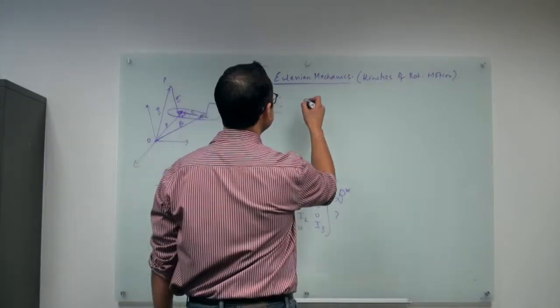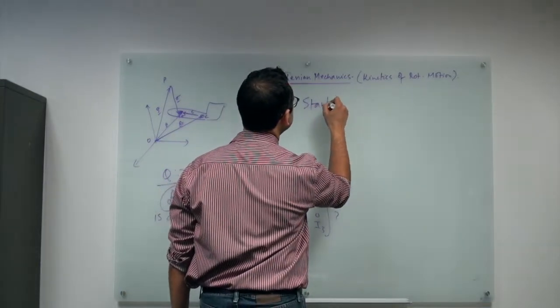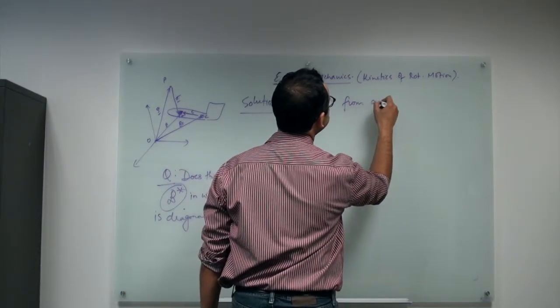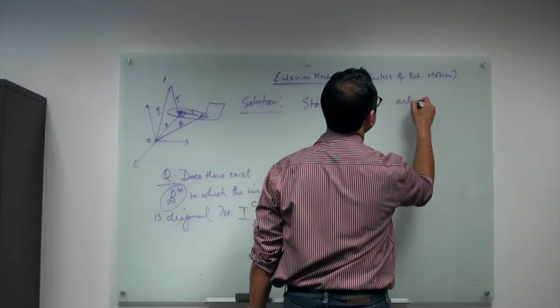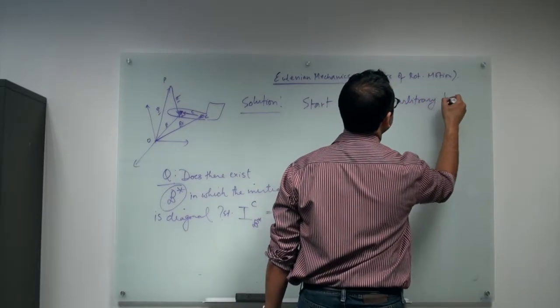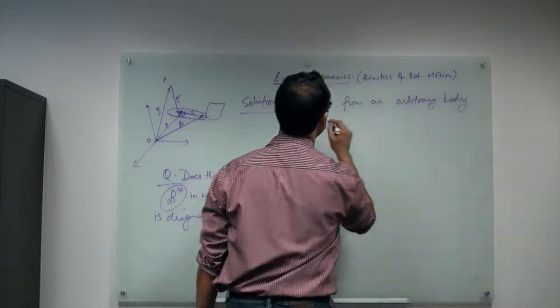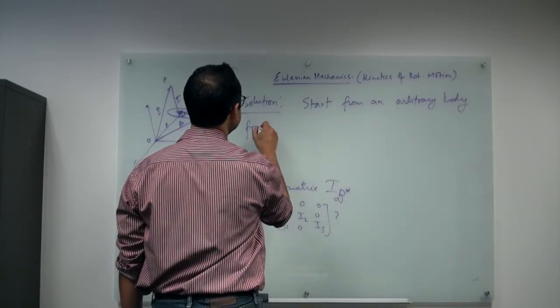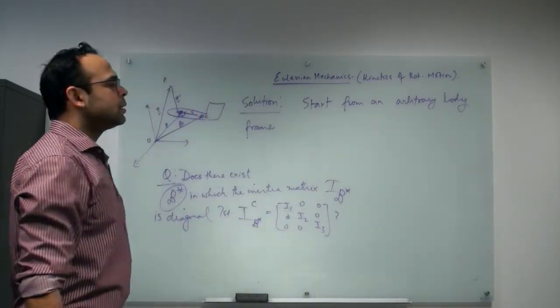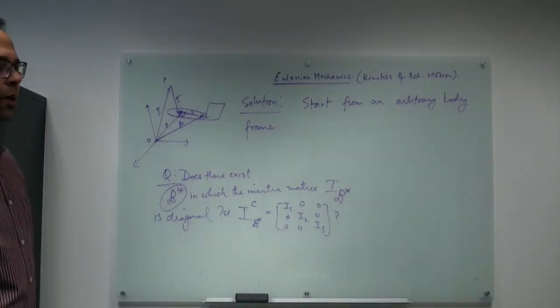What we can do is start from an arbitrary body frame. And then we're going to try and find a transformation that leads us from this arbitrary body frame to that special body frame.